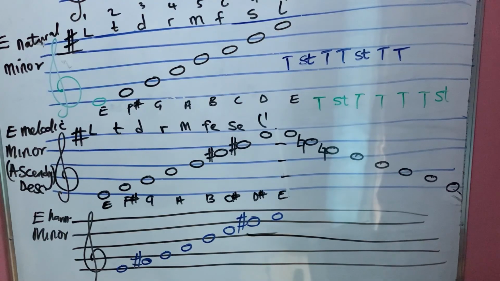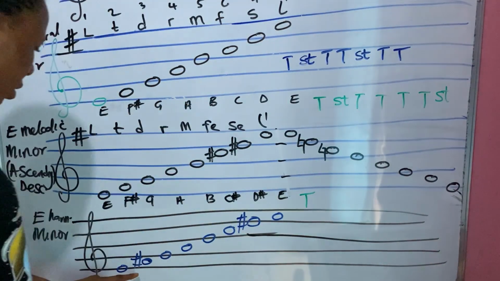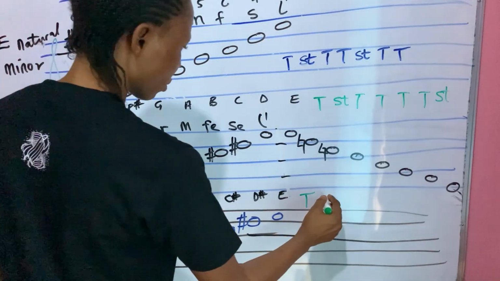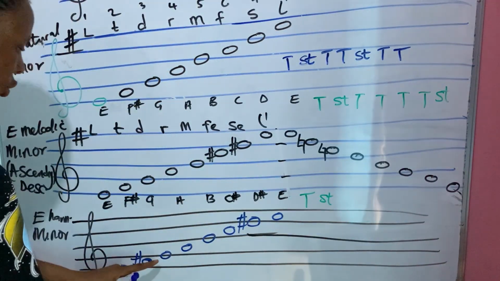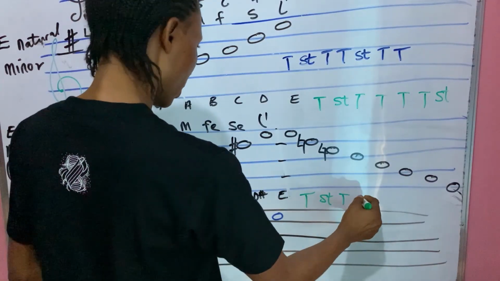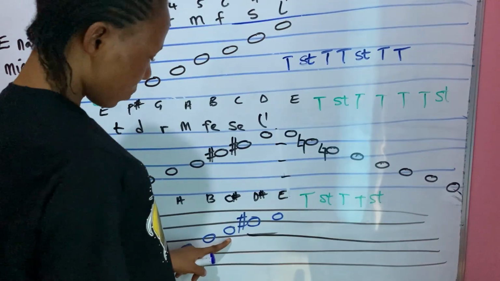Now for the harmonic minor we have E to F sharp is a tone. F sharp to G is a semitone. G to A is a tone. A to B is a tone. B to C is a semitone.